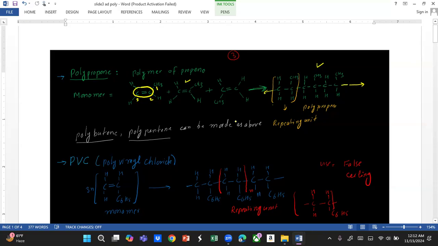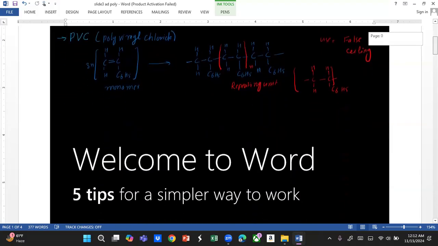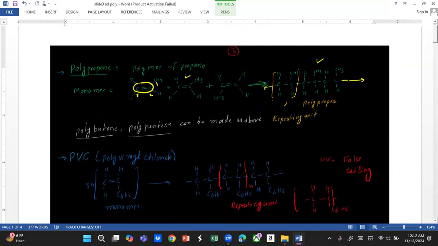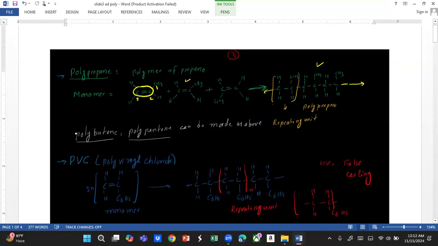So now move to the next polymer, that is PVC. Other examples are polybutene and polypentene. These can also be made in a similar way. For polybutene, you have to take this one.